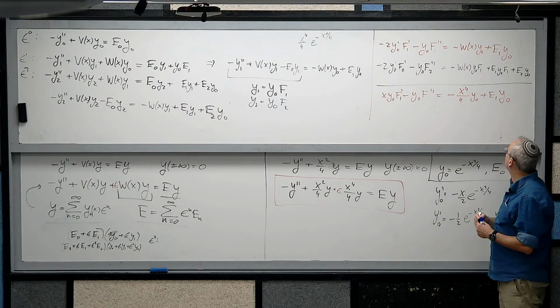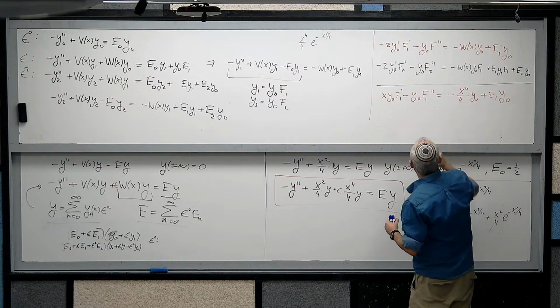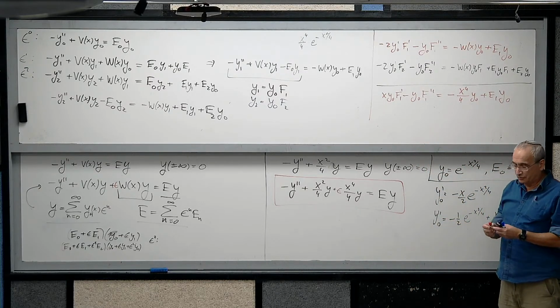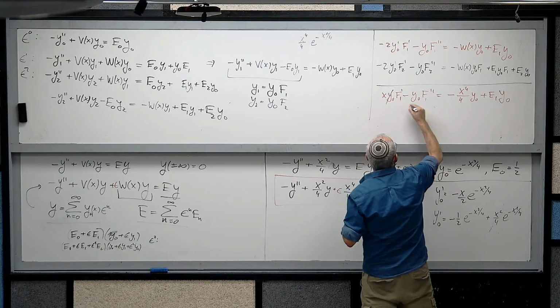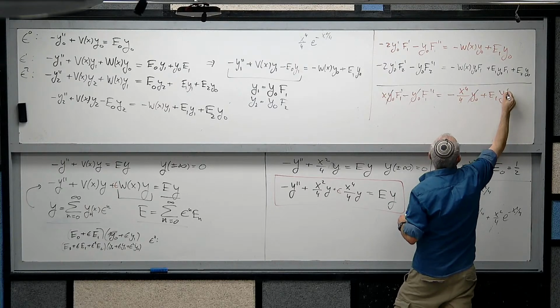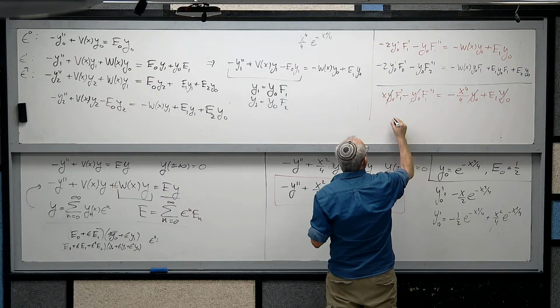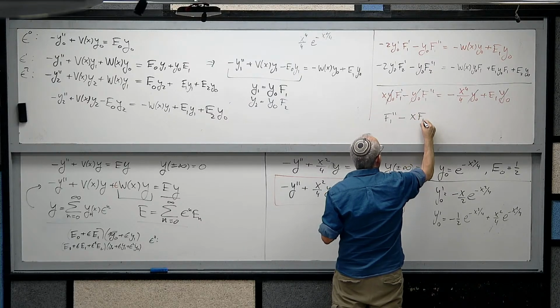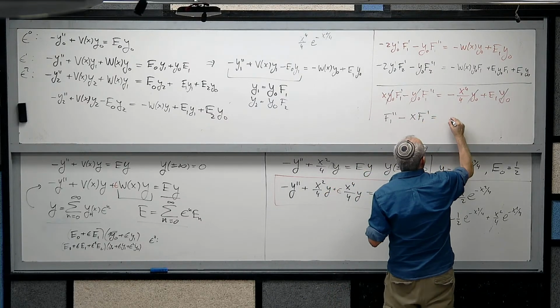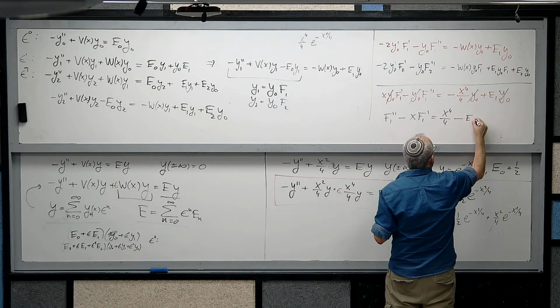You forgot the subscript 1 in the f double prime. Good. And now I am so happy, because y naught cancels out. And I have an equation that I can write as f1 double prime minus x f1 prime is equal to x to the 4 over 4 minus e1. Wow.